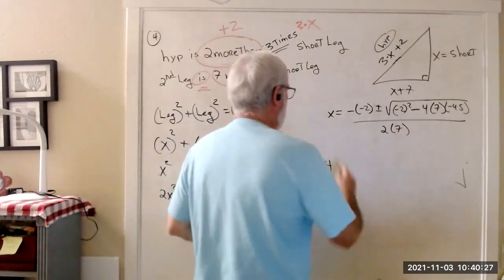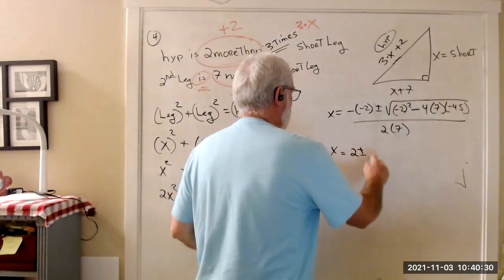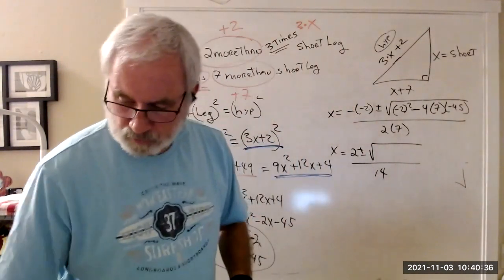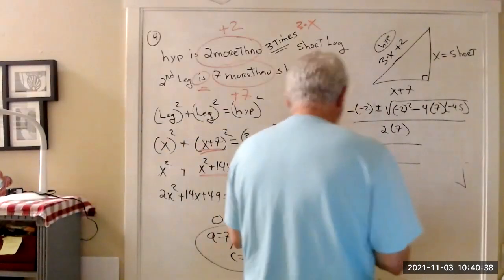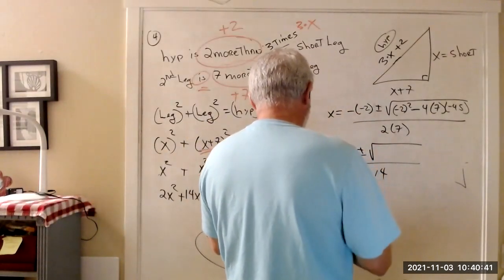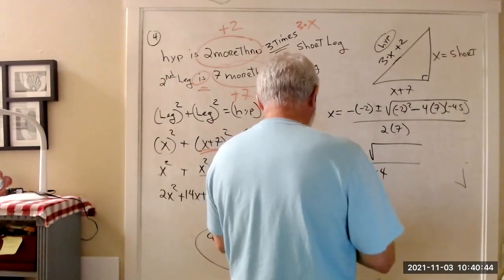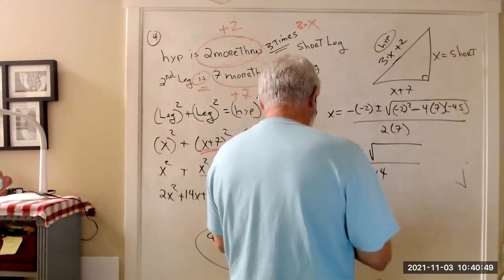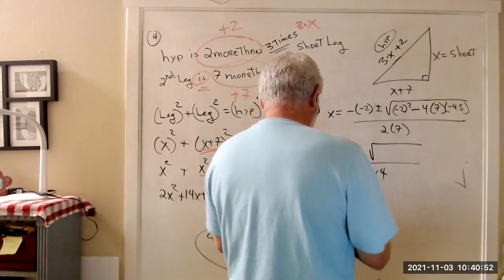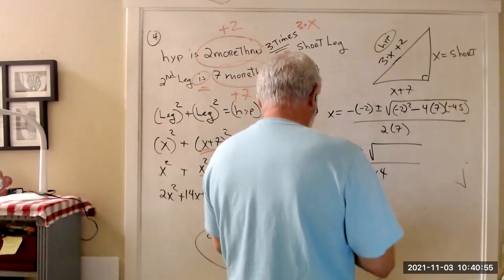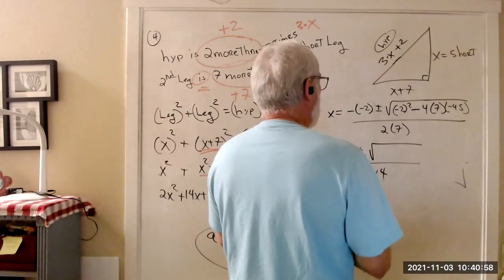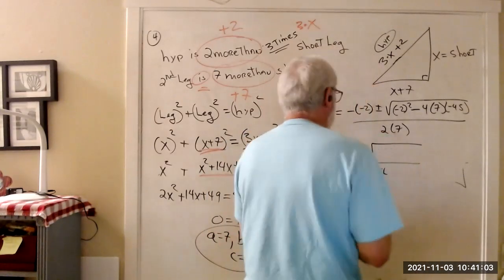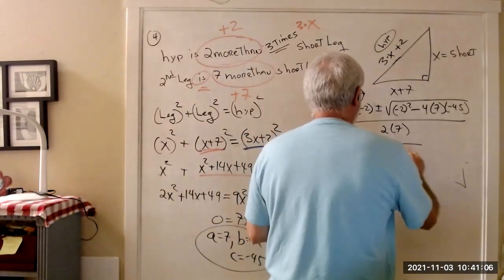So what do I have here? x is 2 plus or minus the square root of somebody over 14. So that's going to be 4 times 7 times, plus 4, 1264.